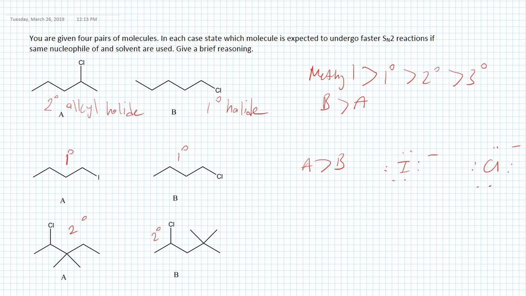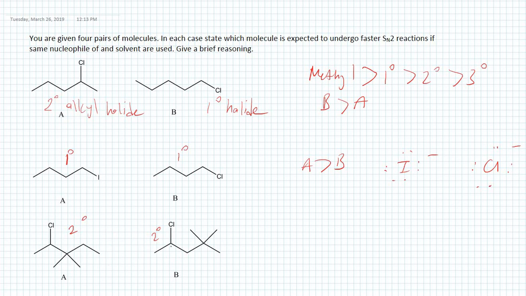So let's look here. This is the carbon bearing the leaving group, so nucleophilic attack will be on this carbon, and in this substrate nucleophilic attack will be on this carbon. Both are secondary, but the first one has a neighboring carbon which has two methyl groups and one ethyl group, while in the second one the carbon bearing the leaving group has one neighboring carbon, and it doesn't have any bulkier group.